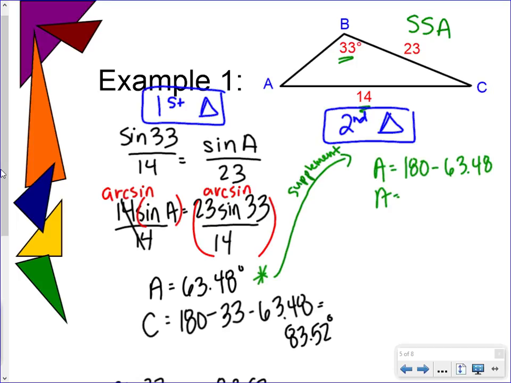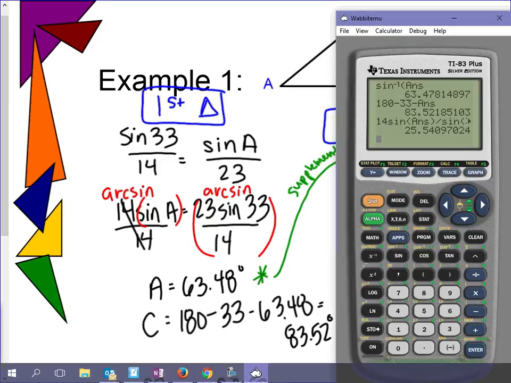Now, you can decide in your calculator if you want to get an exact answer. You might go back and retype in the information, like arcsine of 23 sine of 33 divided by 14, so that I get the 63.48.